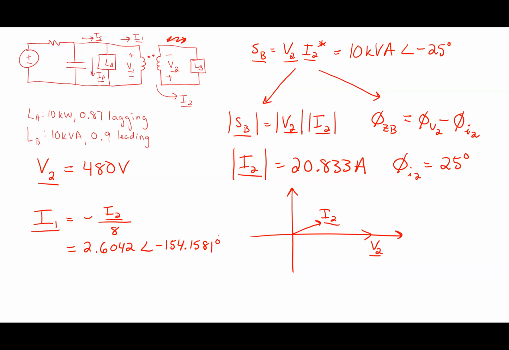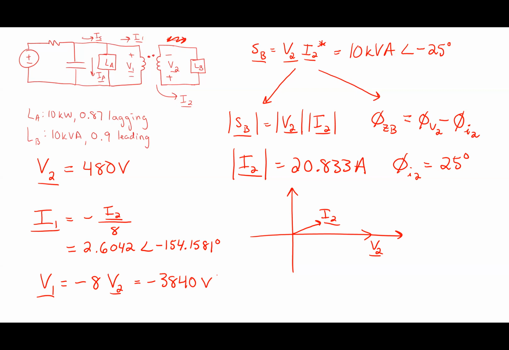Okay. All right. Which is okay because the voltage, if I said, what is V1? The relationship we had for V1 was that it was -8 times V2, which would make this -3840, 8 times 480.